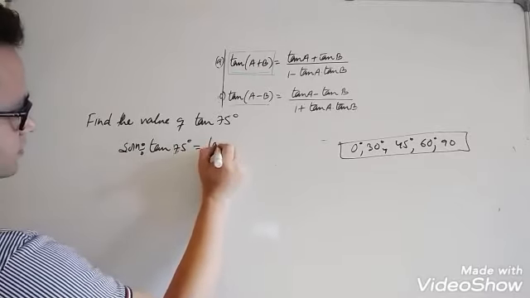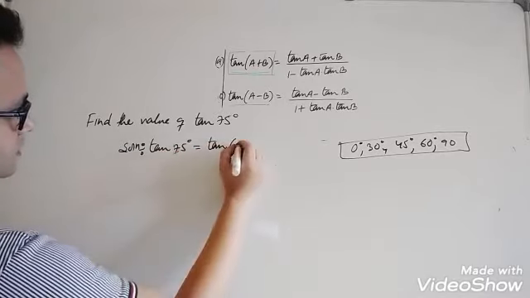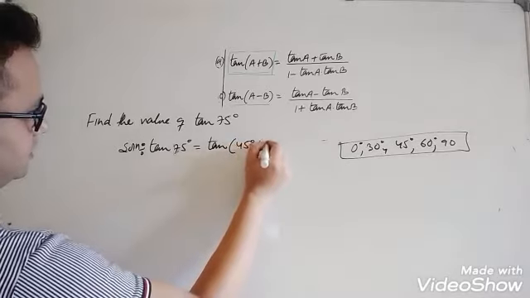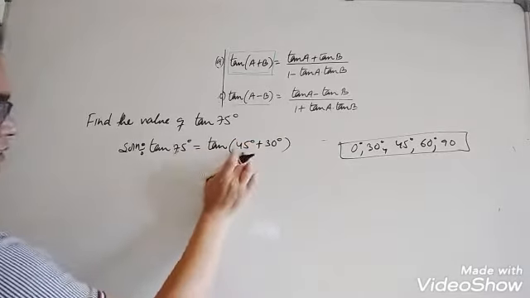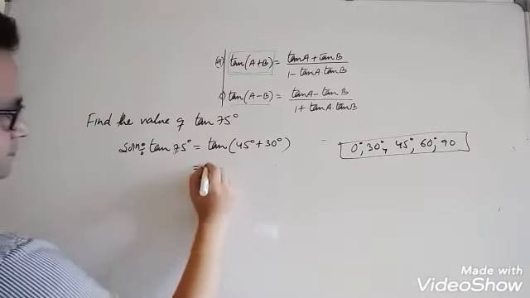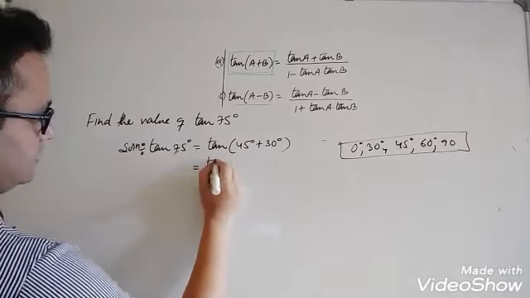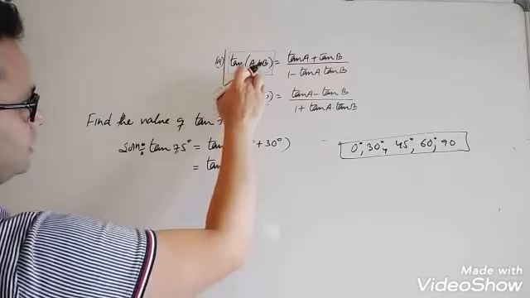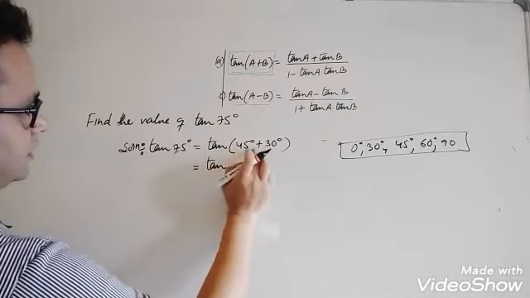So tan 75 degrees, this is tan(45 degrees + 30 degrees), 45 plus 30 is 75. Now put this formula, tan(a + b).